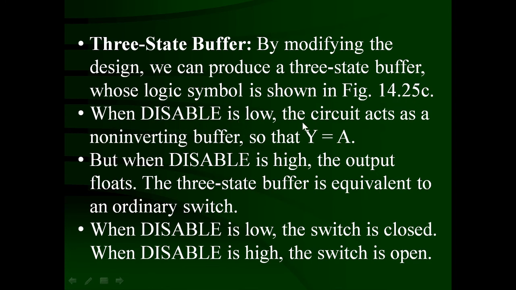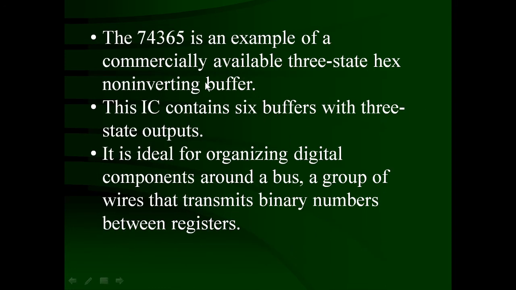When the decibel is low, the circuit acts as a non-inverting buffer so that Y is equal to A. But when the decibel is high, the output floats or is disconnected. The three-state buffer is equivalent to an ordinary switch. When the decibel is low, the switch is closed, and when the decibel is high, the switch is open.